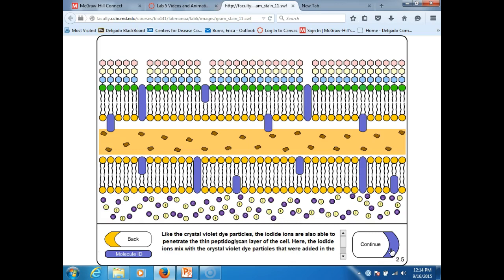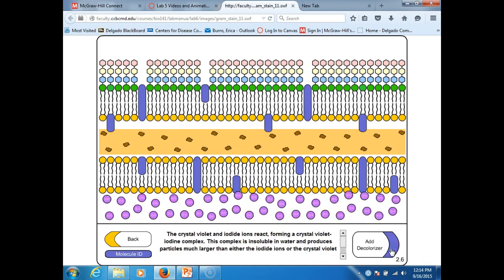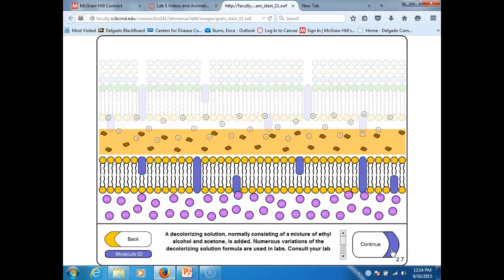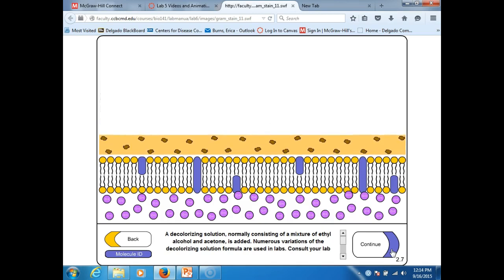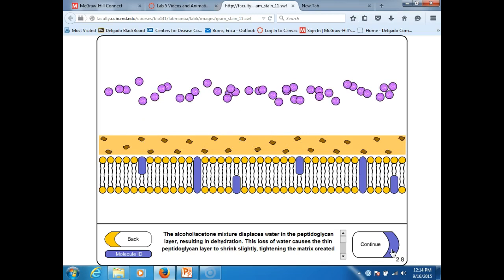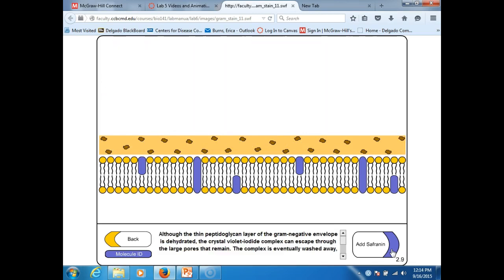What makes this a differential stain, why you end up with two different results, is that when you decolorize, even though it shrinks this peptidoglycan layer, because it's so thin, it's not enough to trap in the crystal violet iodine. See how it still gets out? Also, what disappeared?